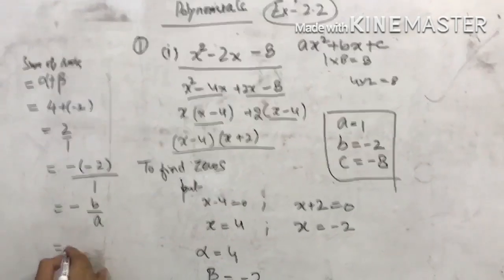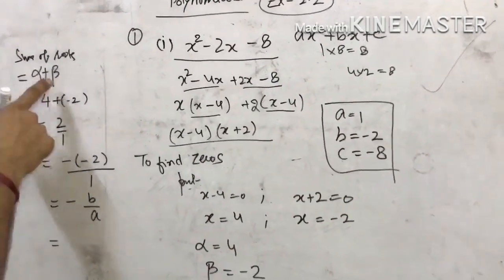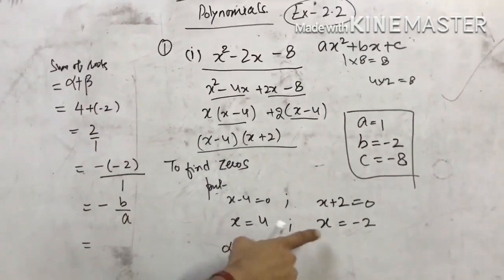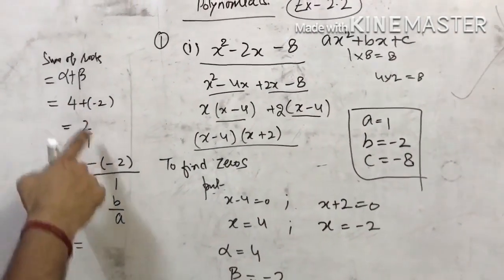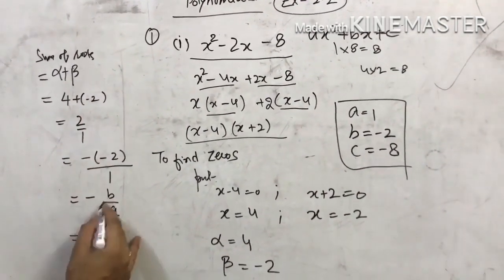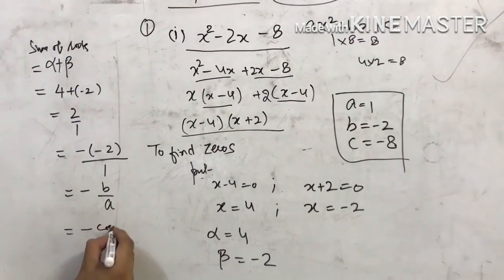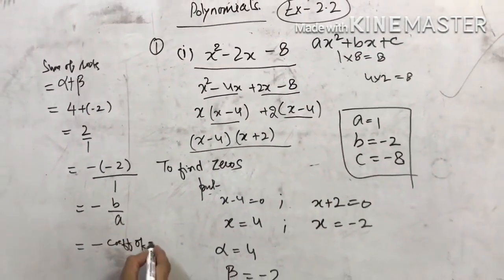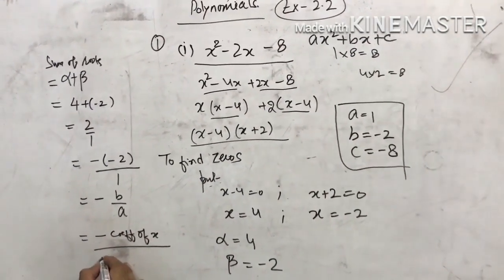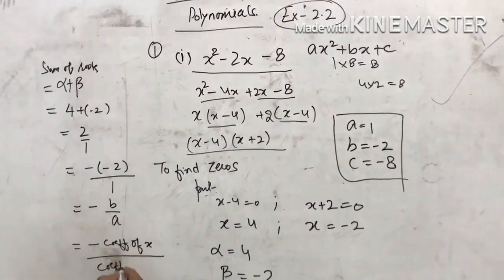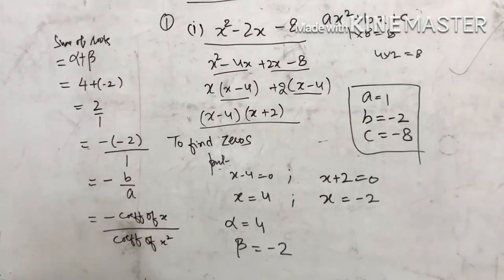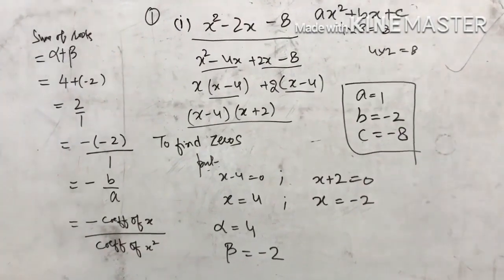You can write down a here. So you are proving the relationship that sum of the roots, whatever roots you have found out, is coming to be equal to minus b by a. What is this? It is minus coefficient of x divided by coefficient of x square.